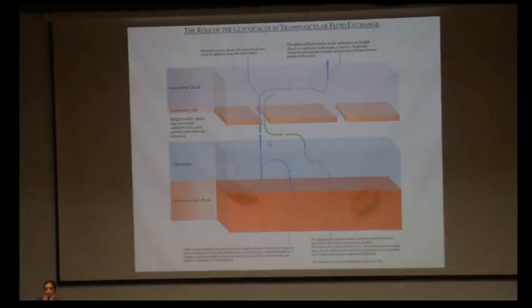Now this is a schematic diagram basically of the vessel wall. This is the intravascular portion where you can see RBCs. This is the glycocalyx layer which is present on the endothelium surface. This is the endothelium, and this is the subglycocalyx space which is present, and this is the interstitial fluid.